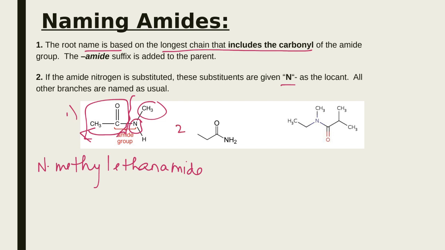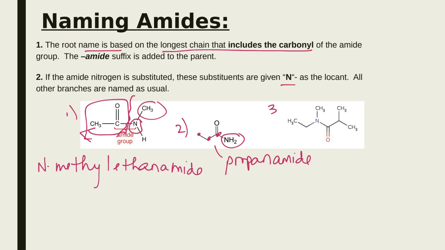This little molecule right here is a very simple 1, 2, 3 carbon amide, and there's nothing attached to the nitrogen. So all we have to say here is we're going to call this a propane. It's all single bonded, and then we're just going to say amide. So propanamide for the name of that one. It's a nice simple one.